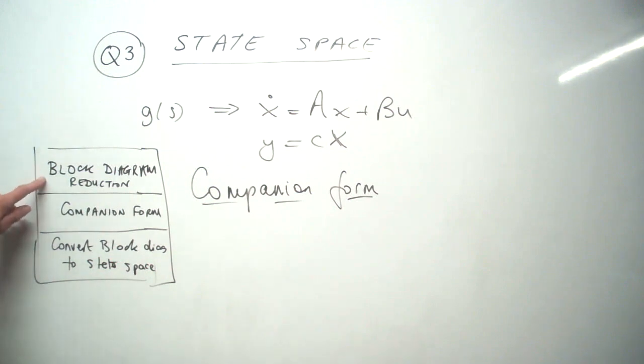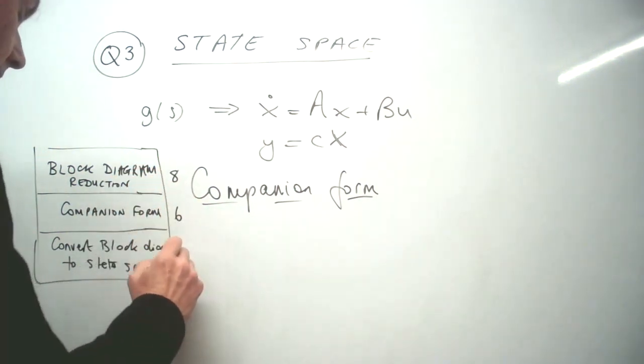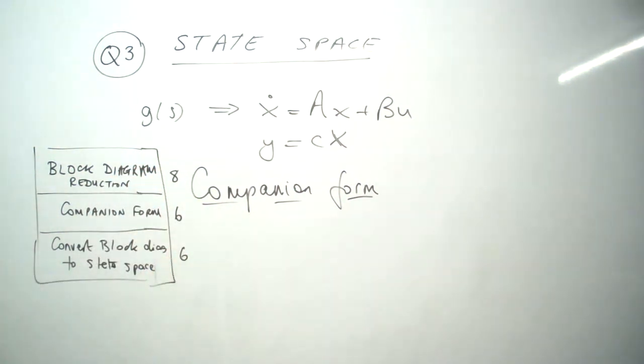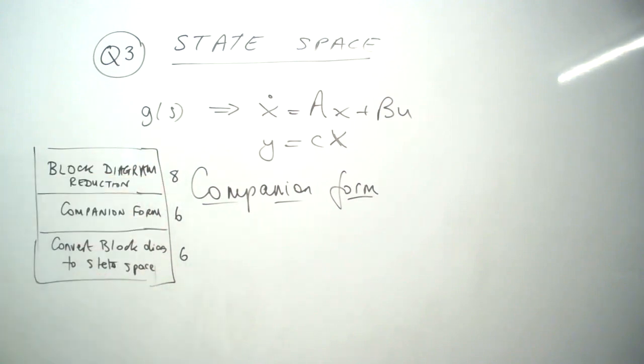So the third part is the original block diagram. You can also convert that into an alternative state space format, and they always pick up 8, 6 and 6 marks. So that's how you get your 20 for the question.